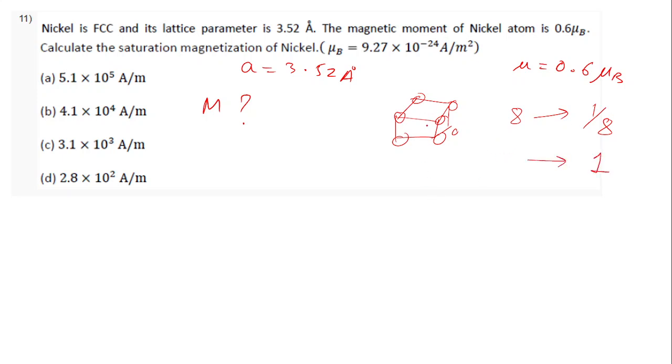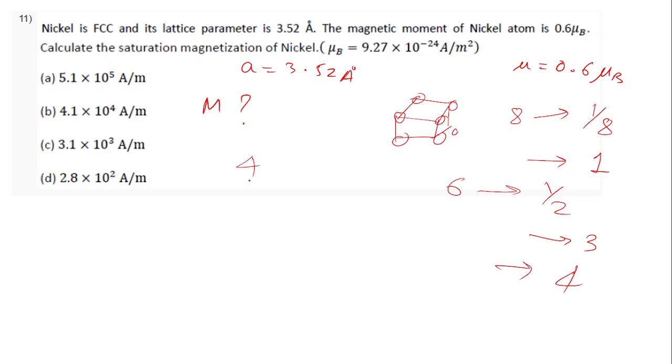In FCC we also have atoms on the faces of this cubic unit cell, 6 faces, meaning 6 atoms on the faces, each contributing half within one unit cell. In total we have 3 from the face atoms. So in total we have 4 atoms in FCC.